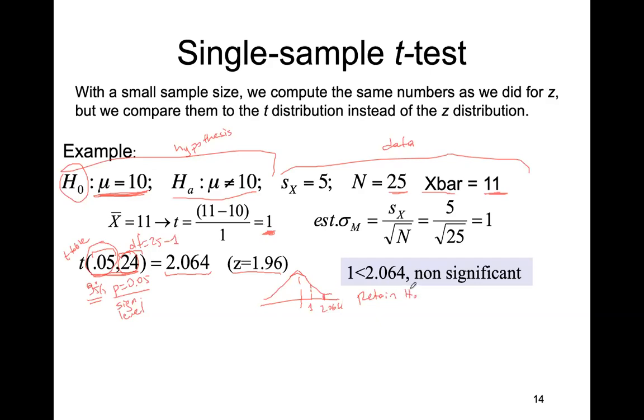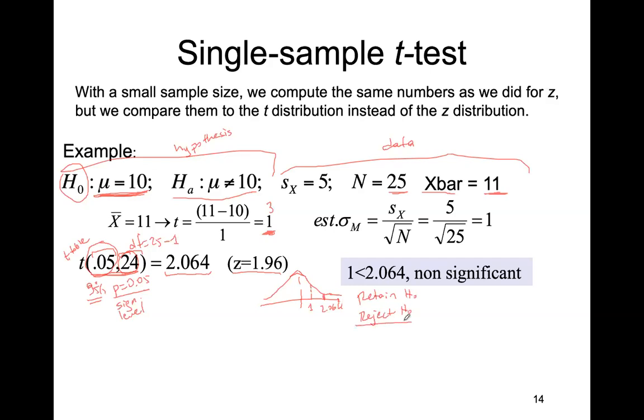Very easy, isn't it? I find the t value. From that, I compare my t with the threshold. And then if this t value is less than that threshold, then I retain H0. If this was not 2, but 3, what would I say? It would be somewhere here. Then I would reject H0.